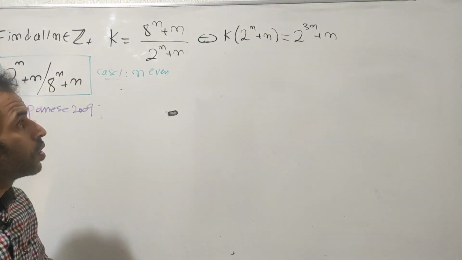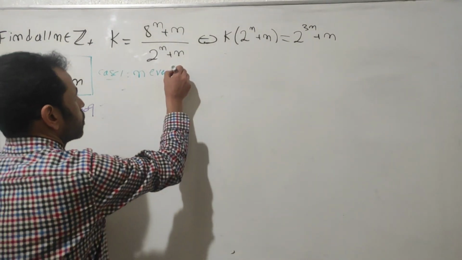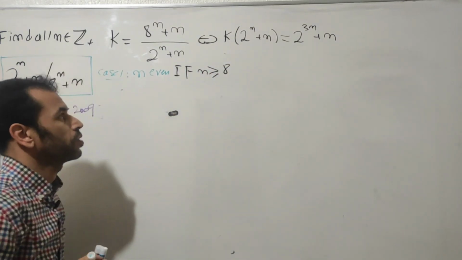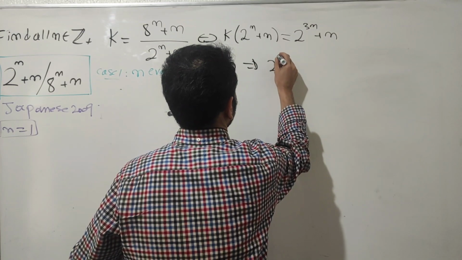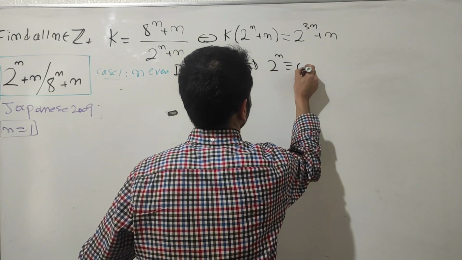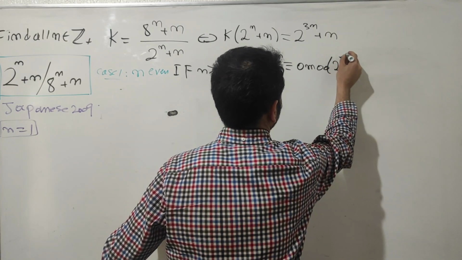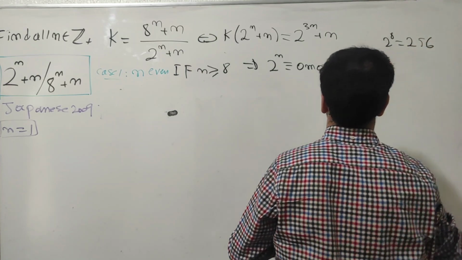At this time we are going to assume n is greater than or equal to 8. What's going to happen here? 2 to the n is always congruent to 0 mod 2 to the 8. We know 2 to the 8 equals 256.